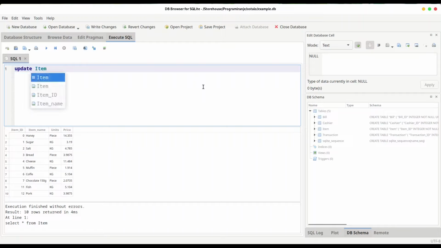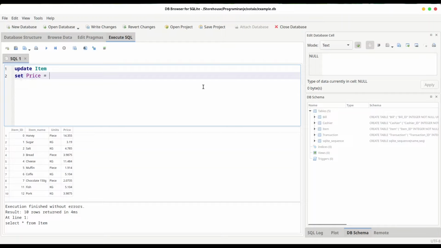Update item table, set price equals price times 0.75. In this way we are going to get a 25% reduction from price, and we are going to provide the condition where price is bigger than 5.